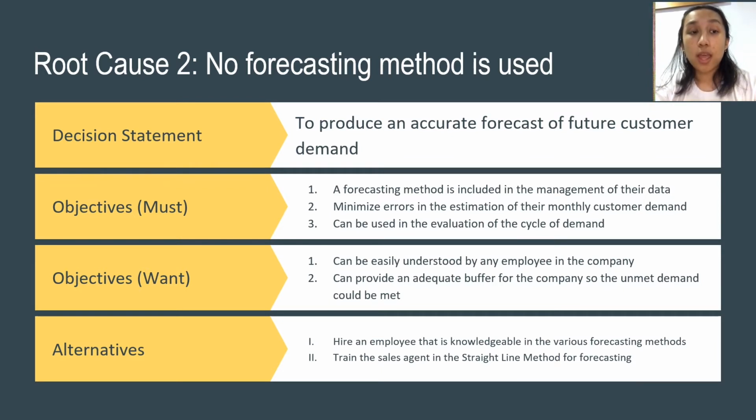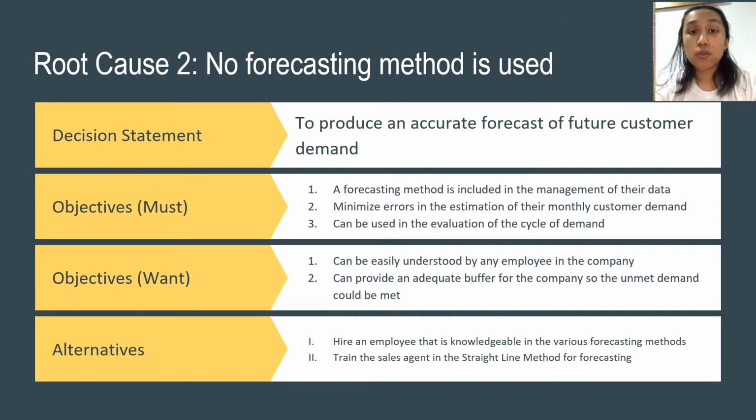And second, it can provide an adequate buffer for the company so the unmet demand could be met. This means that the forecasting method could provide a leeway for the company to meet the additional demand on time.